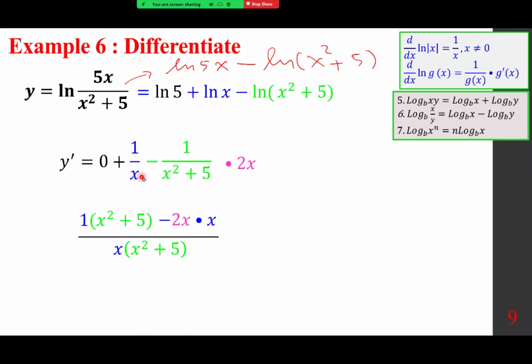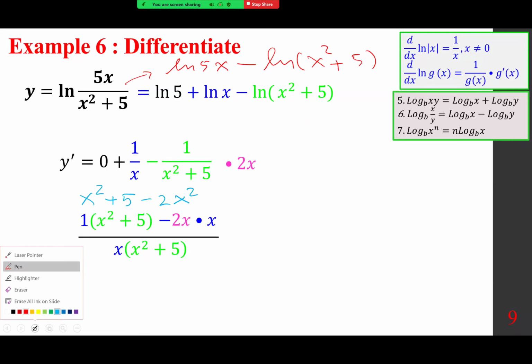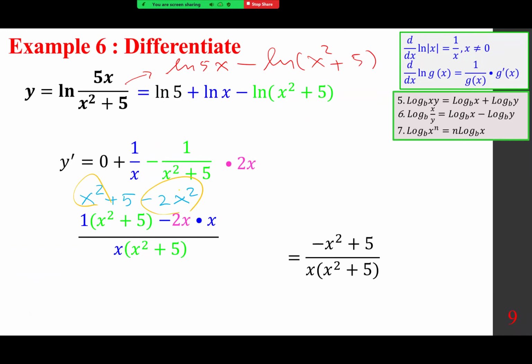So the numerator is x squared plus 5 minus 2x squared. And we can combine these two into minus x squared, and we are done. So the final answer is minus x squared plus 5 divided by x times x squared plus 5.